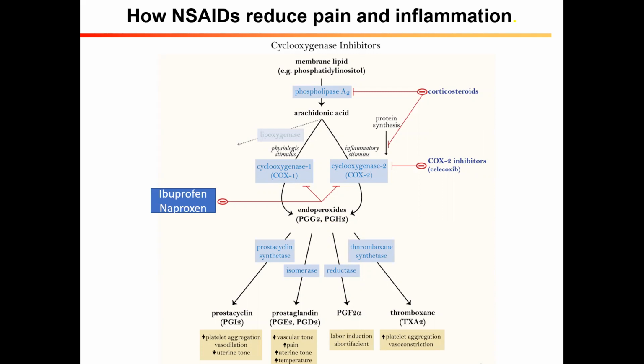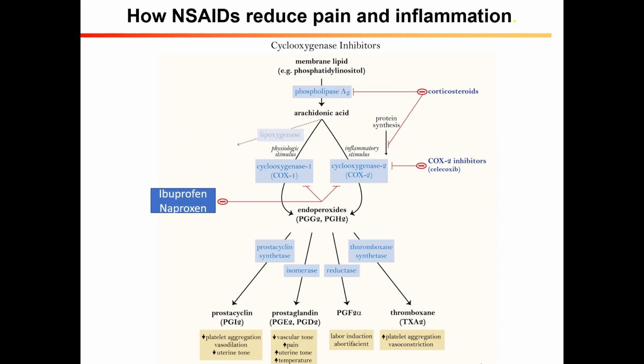And it breaks it down into prostaglandins. These prostaglandins are then further broken down into other prostaglandins. And at the bottom, you can see that these prostaglandins increase pain and increase fever. Ibuprofen and naproxen inhibit these prostaglandins. So of course, it's going to reduce the fever and it's going to reduce the pain.